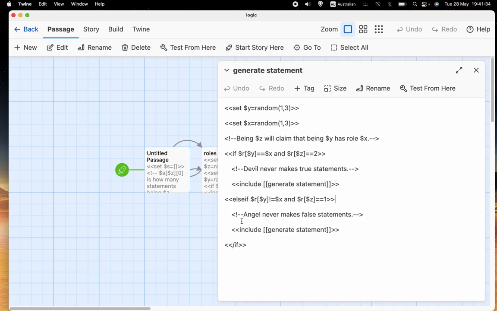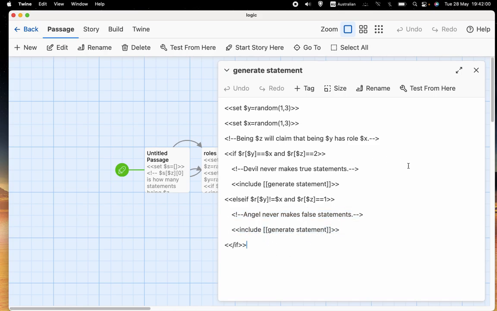And similarly, since the angel never makes false statements, if RZ is equal to 1 and RY does not equal X, that's what that exclamation mark equals means. It just means does not equal. If RY is not equal to X and it's the angel speaking, then that's the angel making a false statement, and again we need to include generate statement.